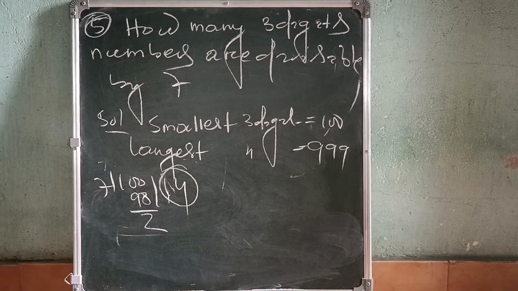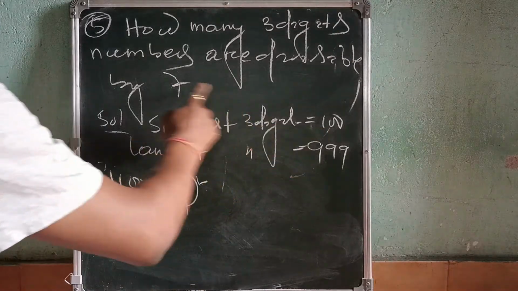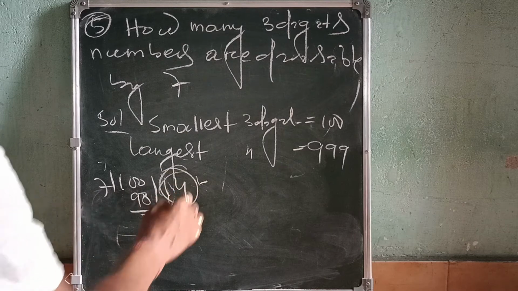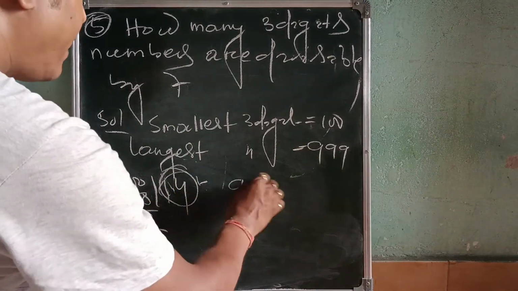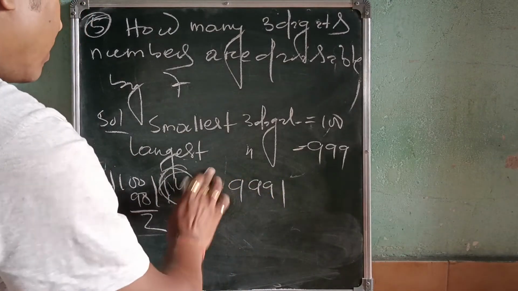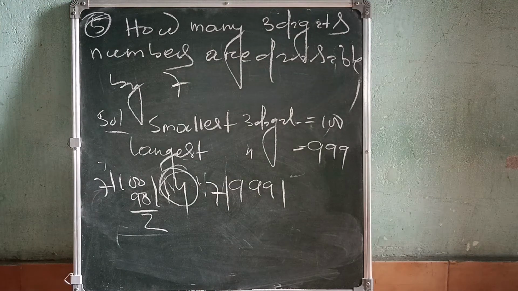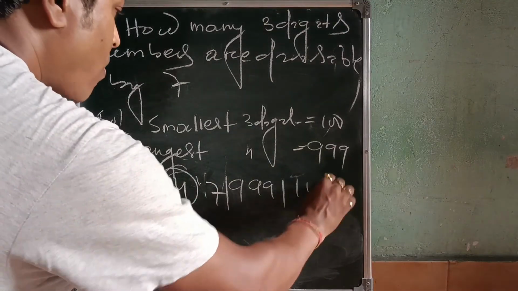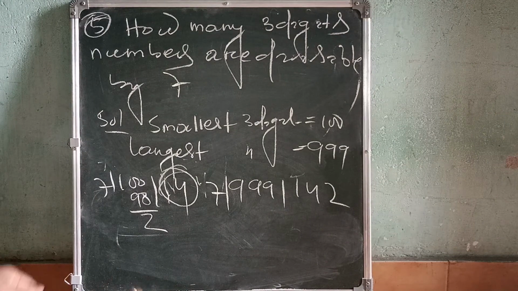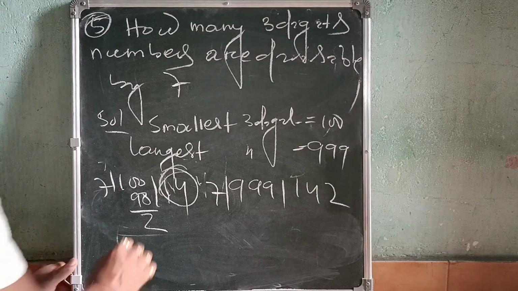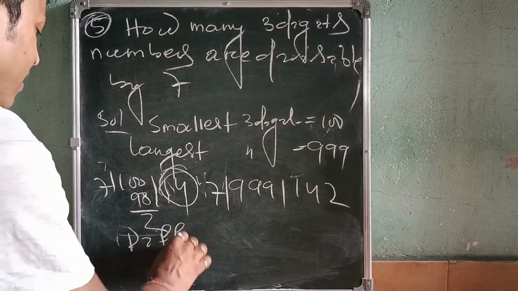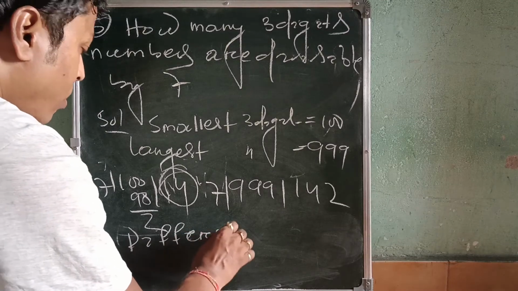So you just consider the quotient. 100 divided by 7 gives quotient 14. In that way, 999 divided by 7 gives quotient 142. So the answer is the difference between them.